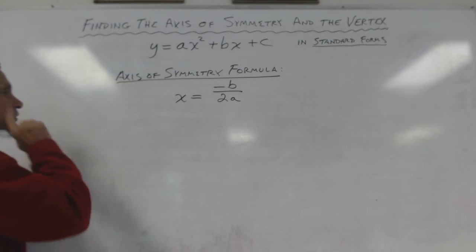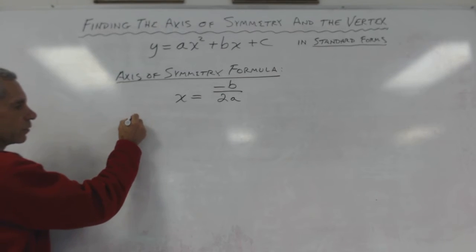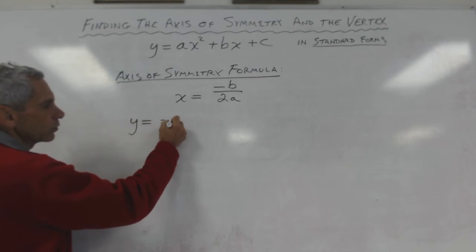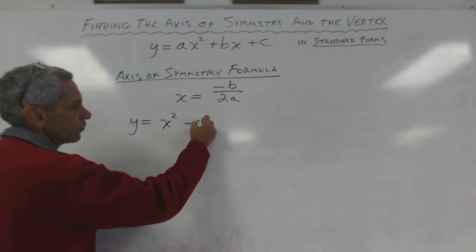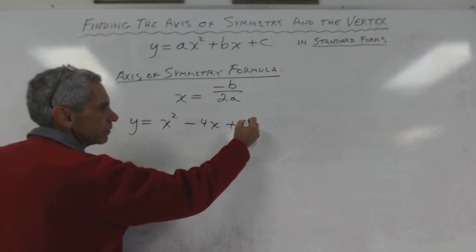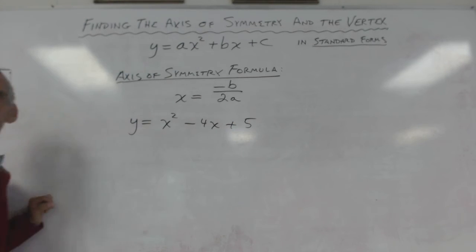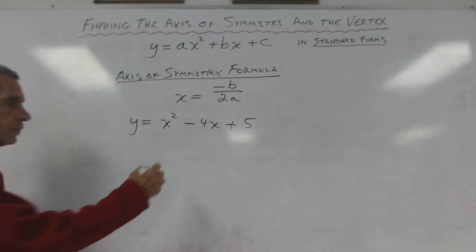So here we go. Let's use it. Let's say I gave you this equation. y is equal to x squared minus 4x plus 5. There's your equation, and I'm asking you to find the axis of symmetry.